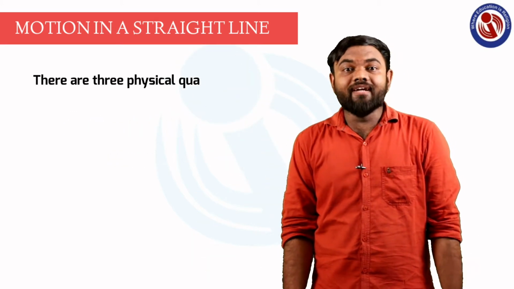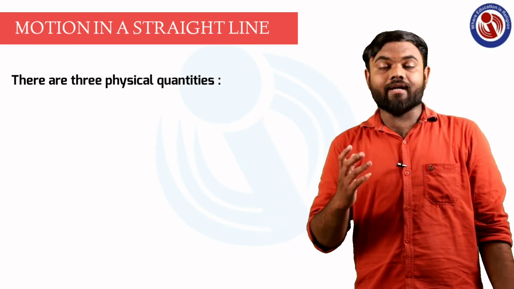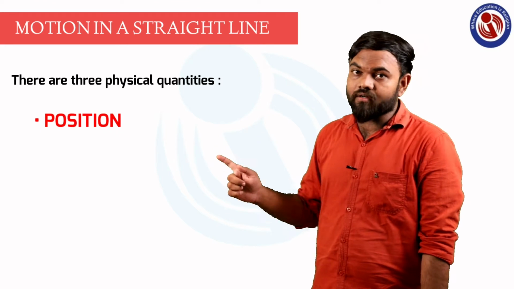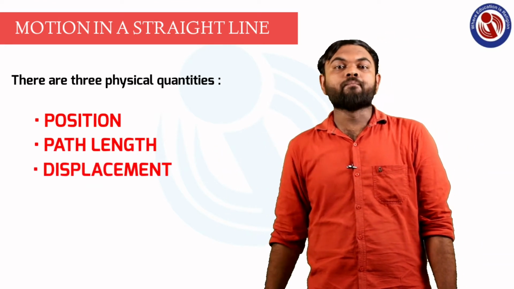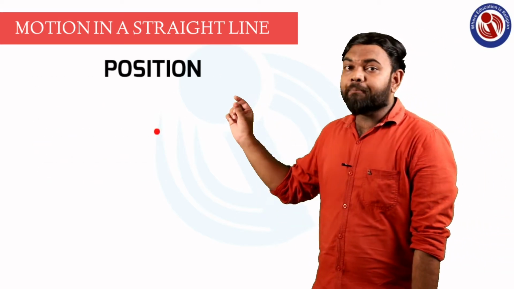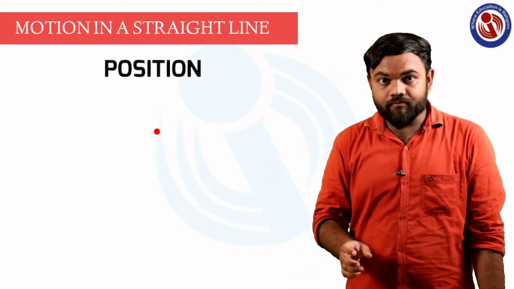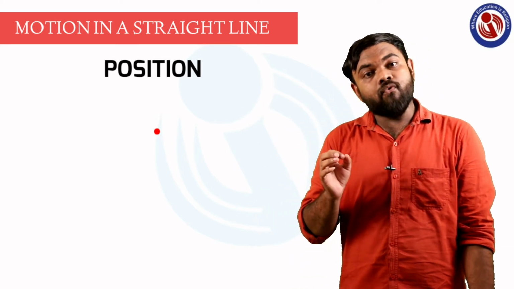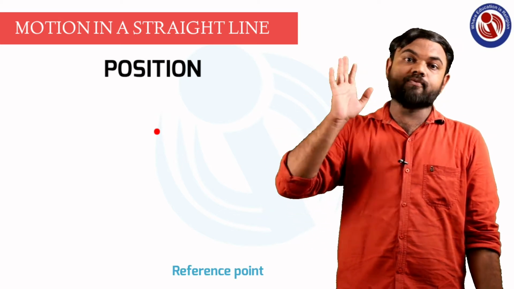There are mainly three physical quantities in motion in a straight line. First one is position, second one is path length, and third one is displacement. Let's start with position. Here I put one dot. What is the position of this dot? We cannot define it. For the position, we need to take one reference point.